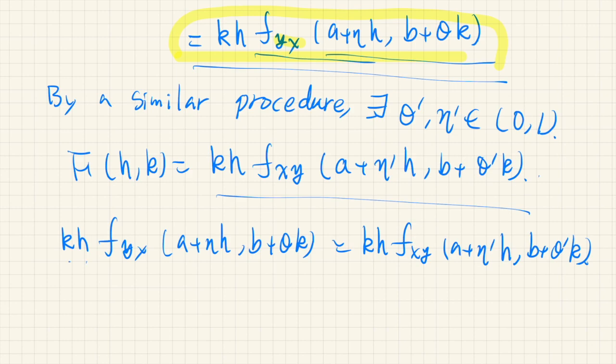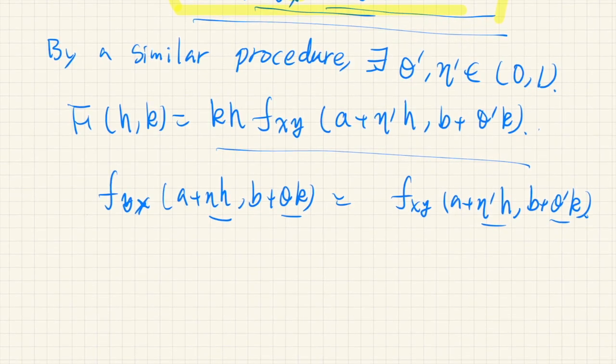And k and h are non-zero, so we can just divide both sides by this, and we get this equality. Okay, we're almost there. Now we want to get rid of these parts, but we can take the limit.